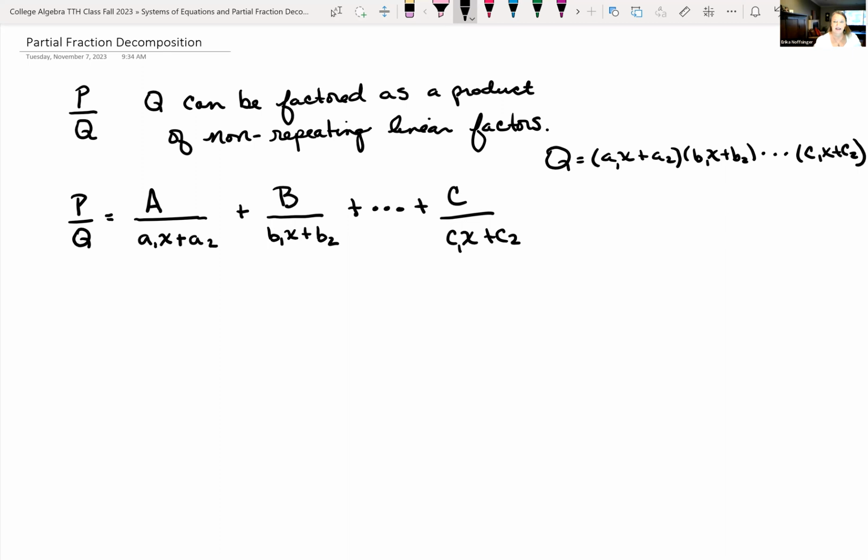So let's look at a scenario where we're rewriting our fraction using partial fraction decomposition. Let's say we have this fraction: x in our numerator all over x squared minus 5x plus 6. First step is to factor your denominator.